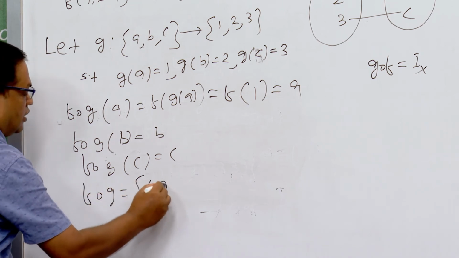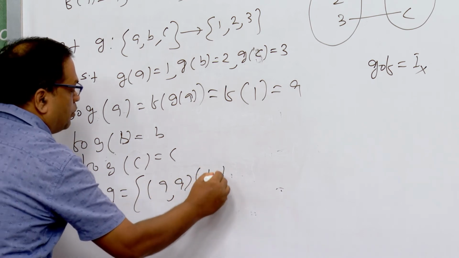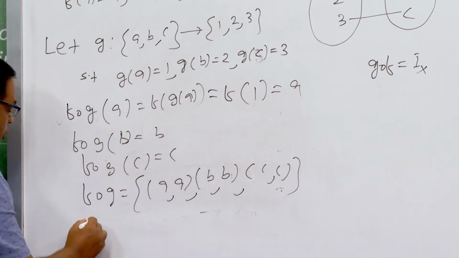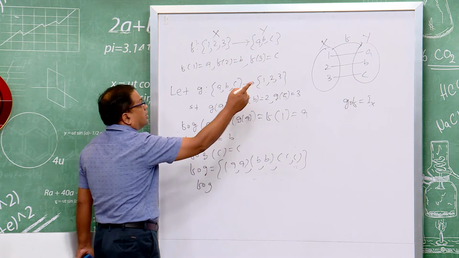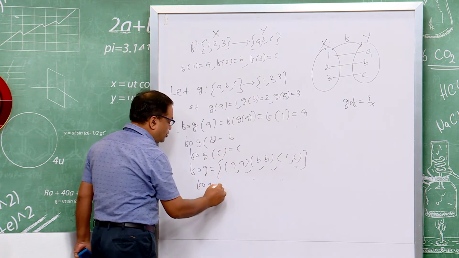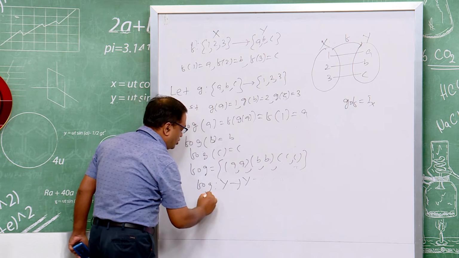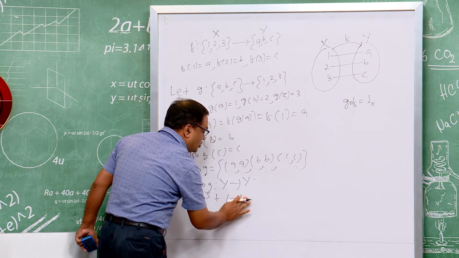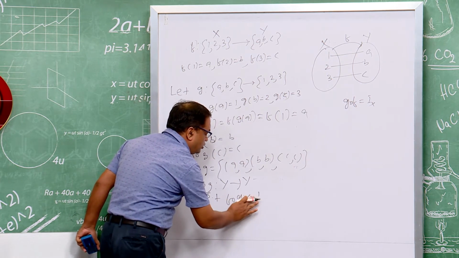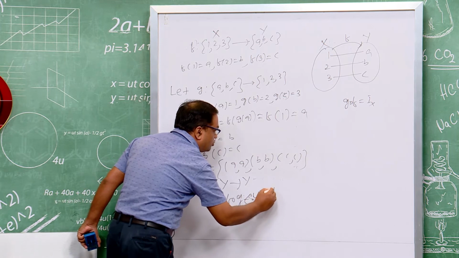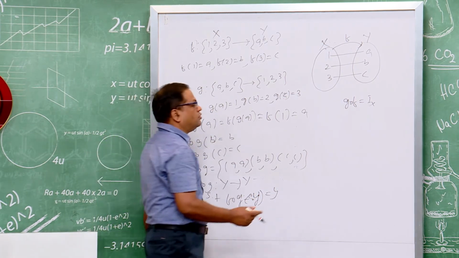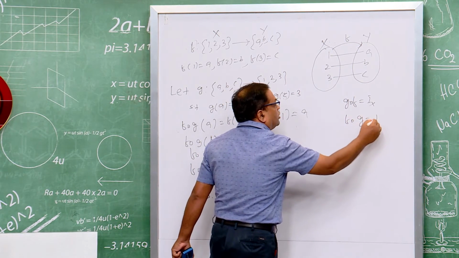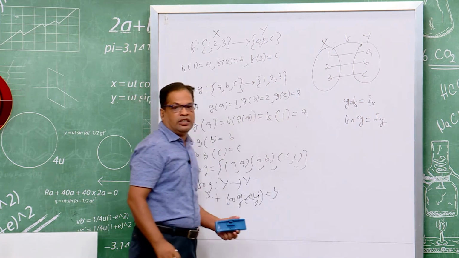It is AA, BB and CC. So, F composition G on {A, B, C}, which is the set Y, is a function from Y to Y such that F composition G of y is equal to y. So, we have verified that F composition G is nothing but an identity function.